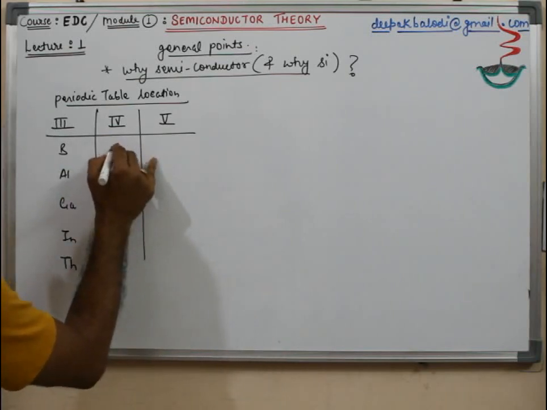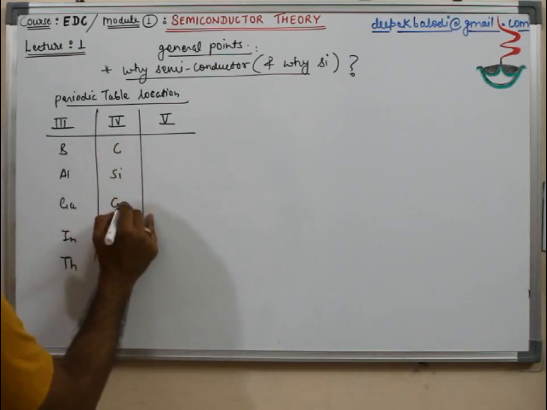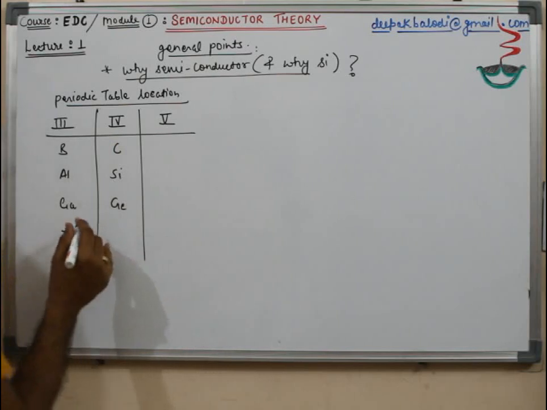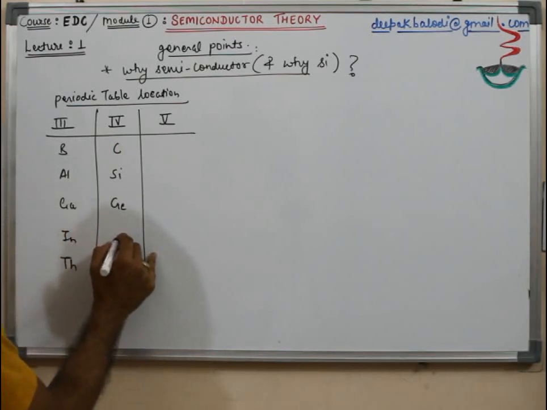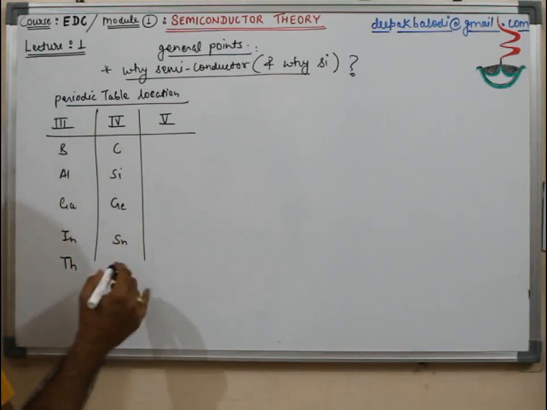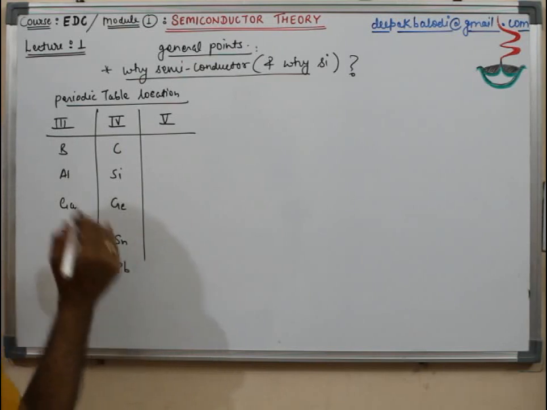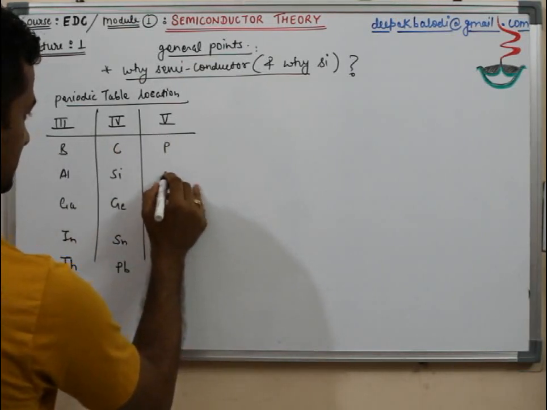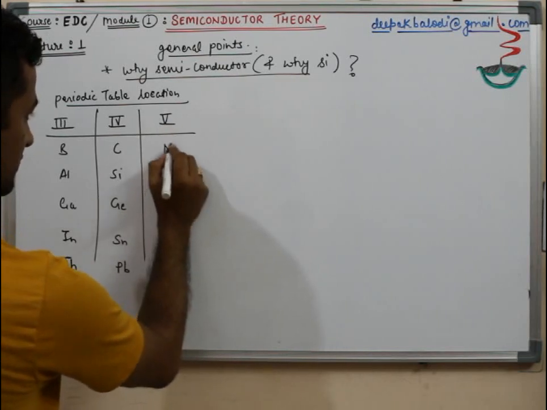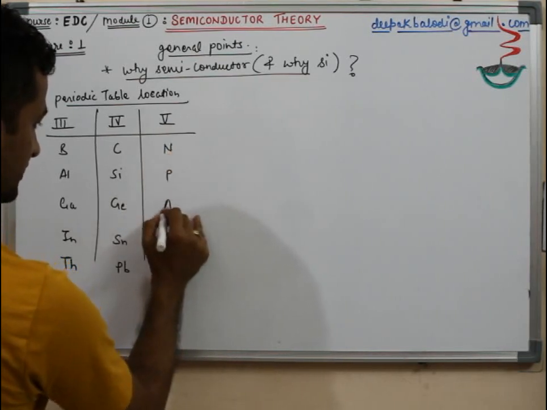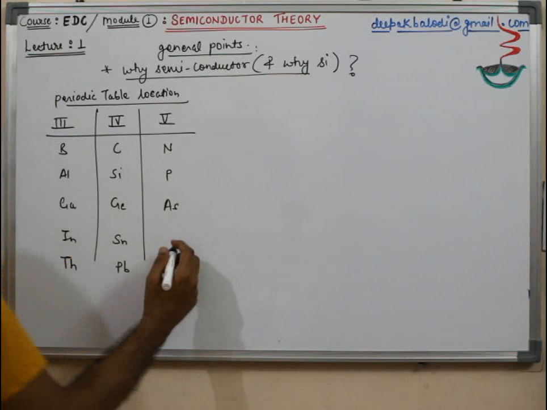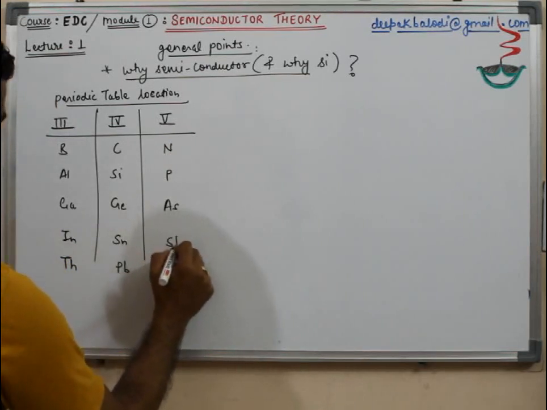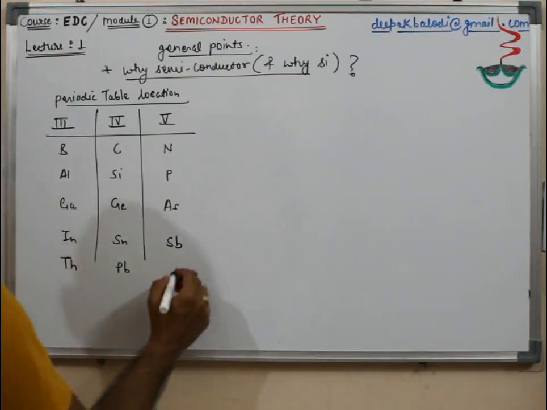The fourth column starts with carbon, silicon, germanium, tin, and lead. The fifth column starts with nitrogen, phosphorus, arsenic, antimony, and bismuth.